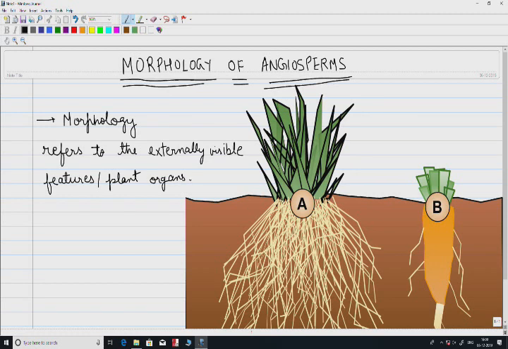So when we talk about the morphology of angiosperms, we are basically going to start with the externally visible plant organs. So what are the externally visible plant organs?